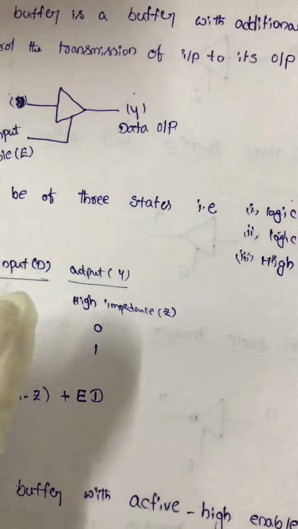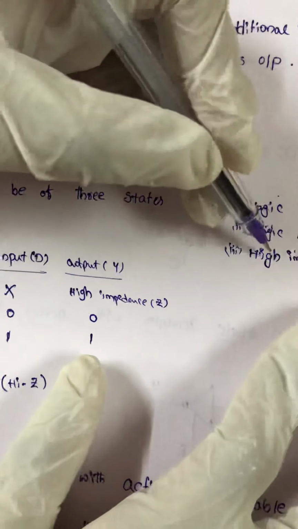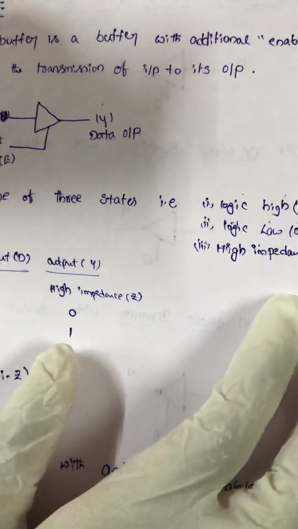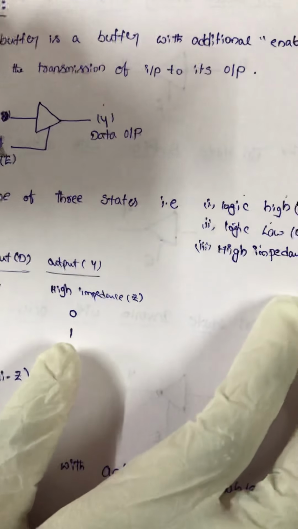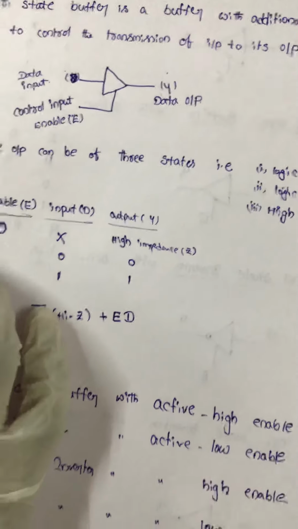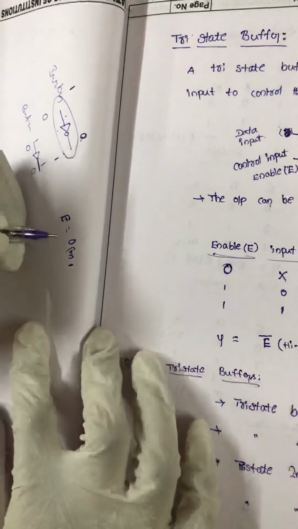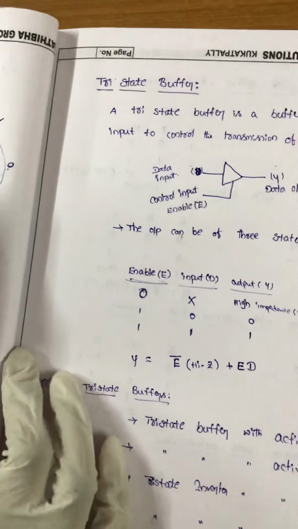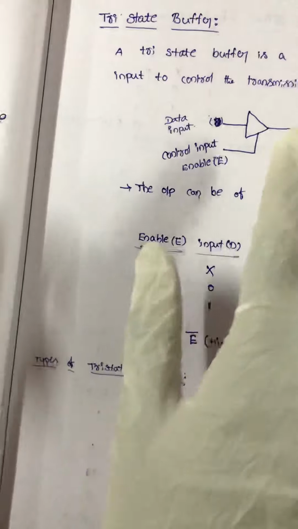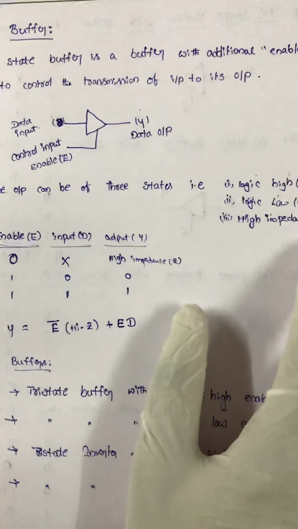So whatever input we apply, the same can be observed at the output. Now the third state, the high impedance state. Here E equals 0 means the enable is 0, and E equals 1 means the enable is active. So when the circuit is in the enable state, the high impedance state is generated.